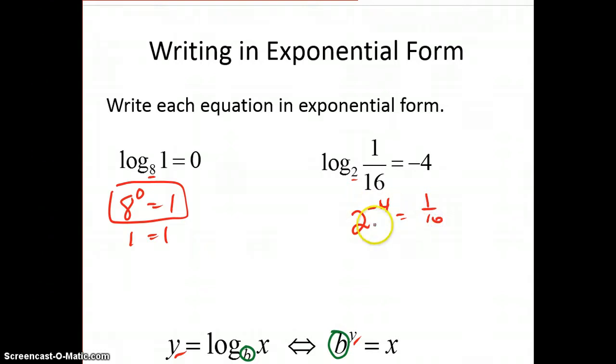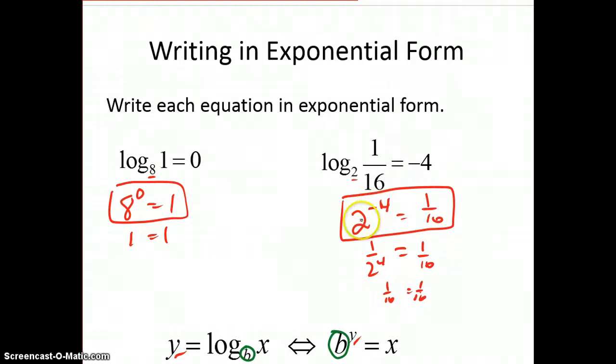And if you remember, 2 to the negative 4 could be written as 1 over 2 to the 4th. And it is, in fact, 1 over 16. Again, if it's asking you to write it in exponential form, though, we're just taking it and writing as the exponent. I just took it a step further to say, yes, it actually did work, and I did put it in the right order.